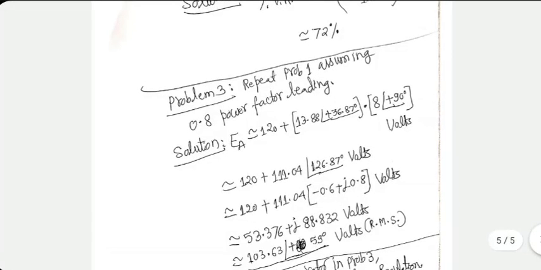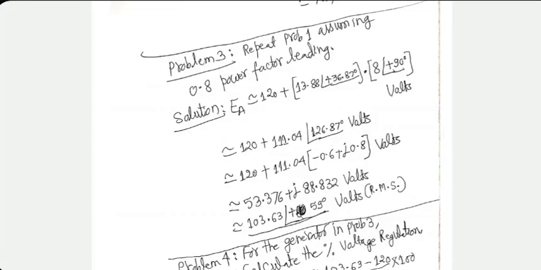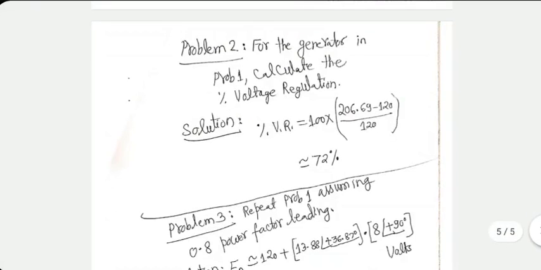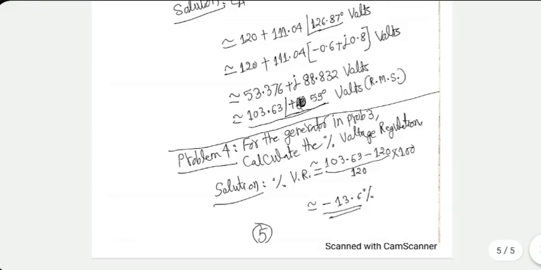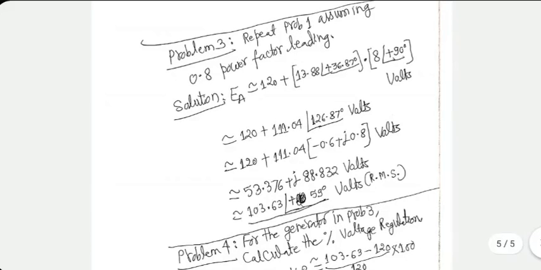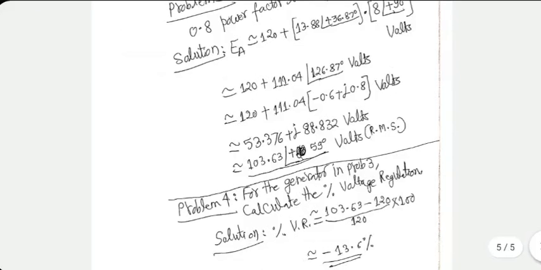We have to repeat the calculation with that change. So now what happens is I get back EMF as 103.63 volts with a load angle of 59 degrees. Now this is weird. At no load, I'll see only 103.63 volts, while at full load, I'll see 120 volts. That is the last problem here.